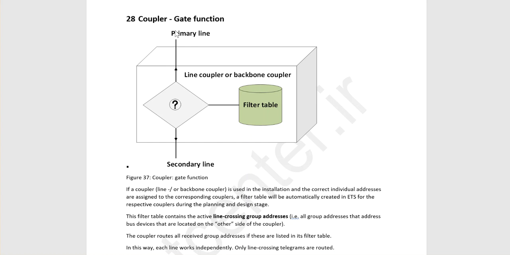The ETS provides the filter table, so it allows routing the telegrams between the devices or between the lines and areas, and it blocks the rest of the telegrams with the destination of those group addresses. So anyway, the filter table is provided automatically by the ETS, and later you can see that we can add or delete it manually, of course, in ETS. Yeah. Okay.